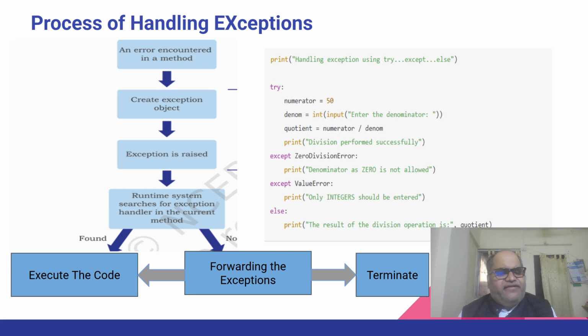In the current method, it looks for an exception handler, right? And the one that is found is zero division error. It could also be that the user has not entered an integer value. Then it will be raising value error, and the handler that will catch it is except value error.